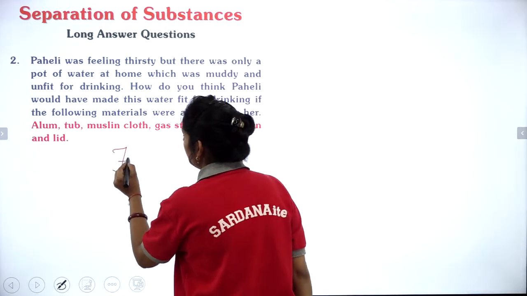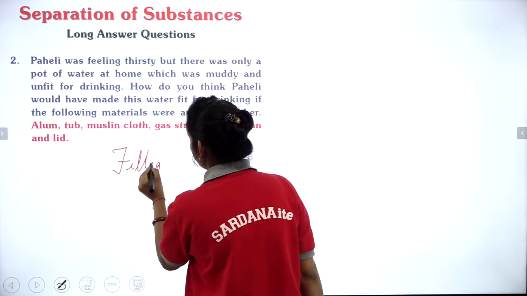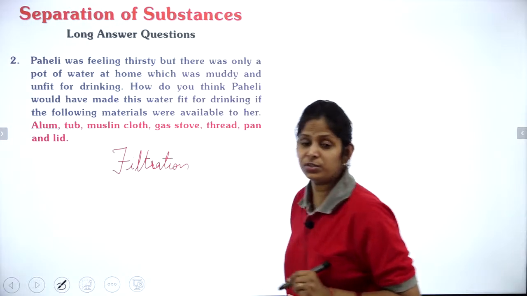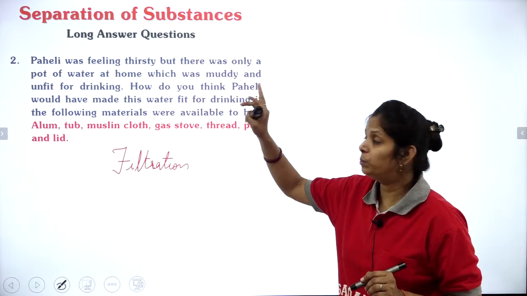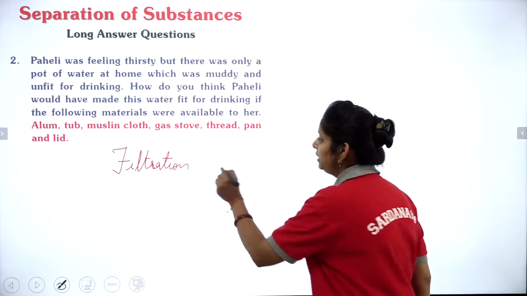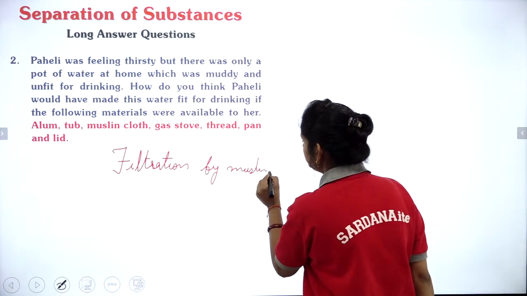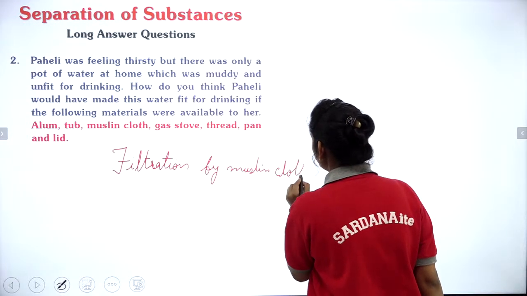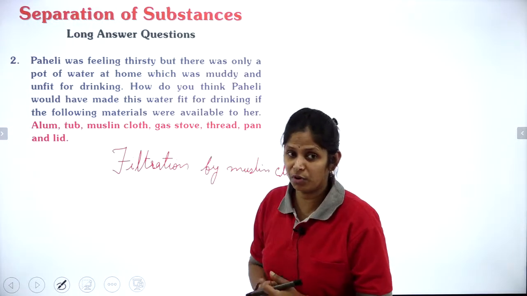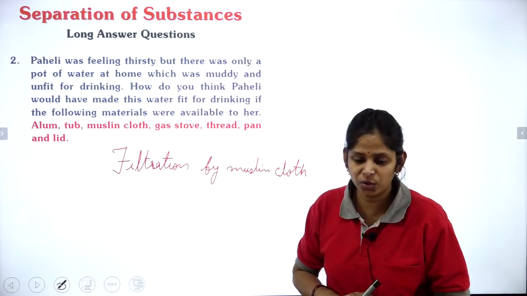The first method of separation used by Paheli to make this water fit for drinking is filtration. Okay, so this is the first step, the first method of purification of water. She will filter this water by using muslin cloth.